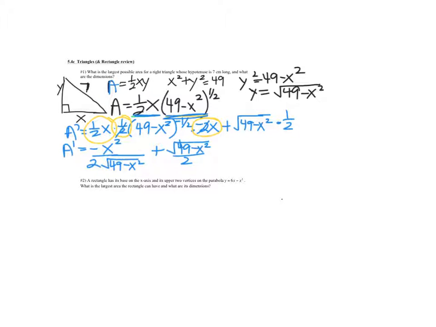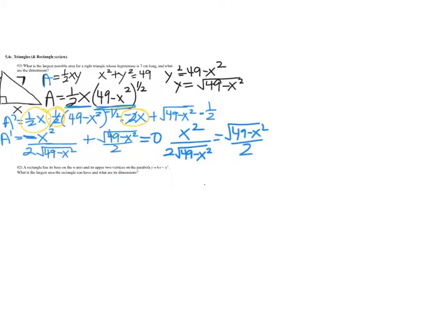Now, the algebra is the hard part, right? Now we need to set that equal to 0 and solve. And if we set it equal to 0, we can go ahead and take this negative part and just add it over to the other side to give us x squared over 2 rad 49 minus x squared, and that's going to equal rad 49 minus x squared over 2. All right, so now we're solving this equation right here.